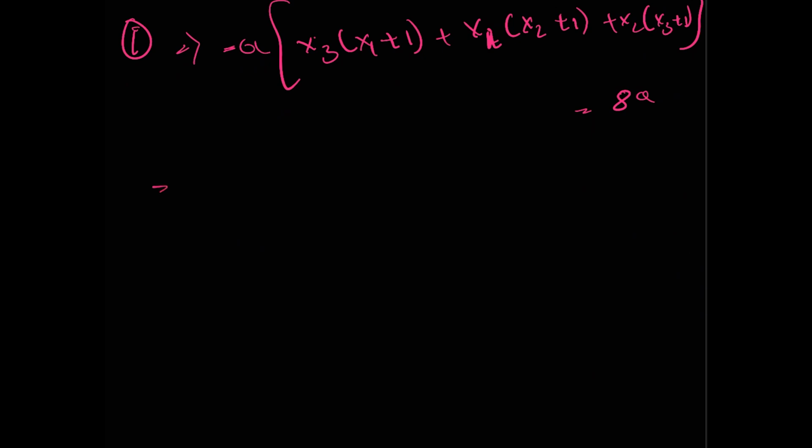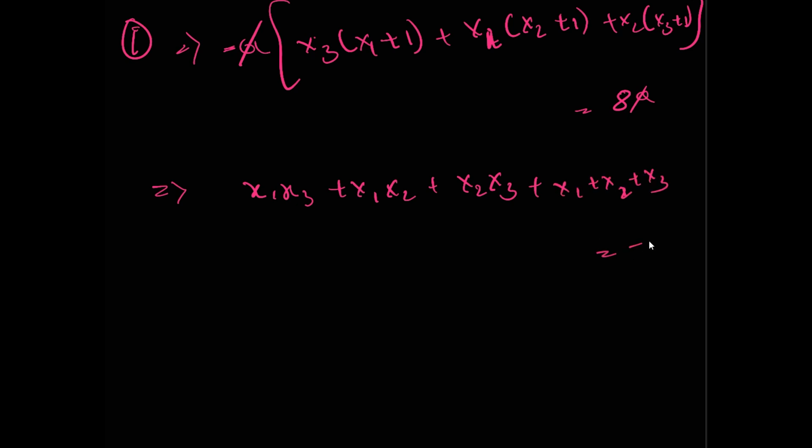That implies a got cancelled out. We will get x1 x3 plus x1 x2 plus x2 x3 plus x1 plus x2 plus x3 as minus 8. This part is a and this part is 0. That means a equals minus 8.